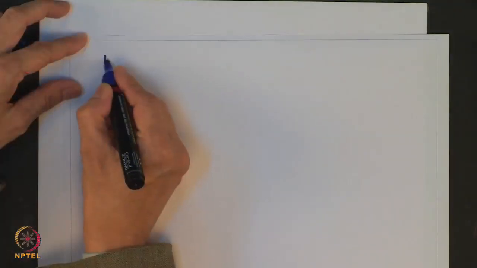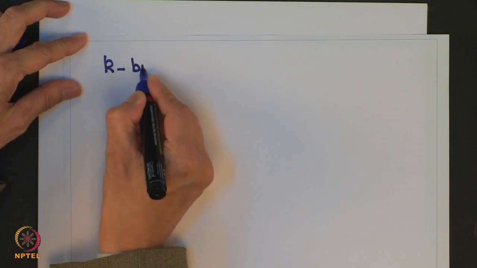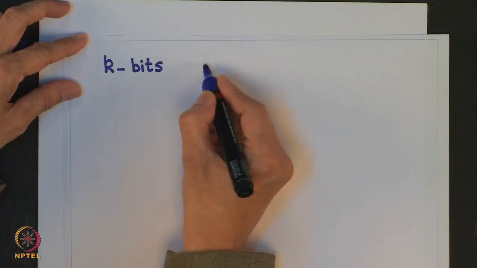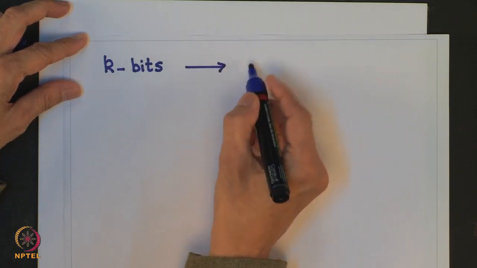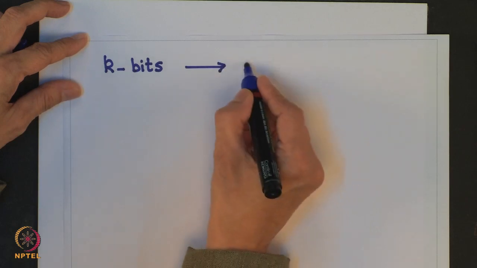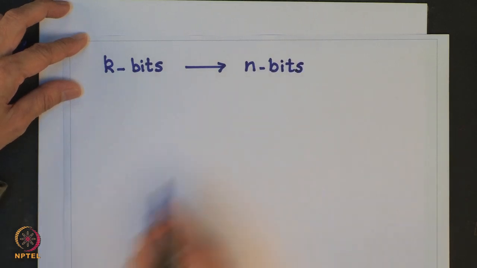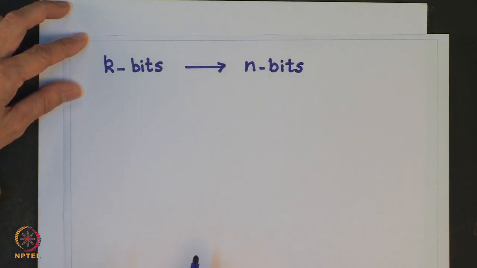Now, the job of the encoder is to transform each k bit data block into a larger block of n bits called code bits or channel symbols. So, we have message sequences of k bits, and this gets transformed to an n bit sequence where n is larger than k.